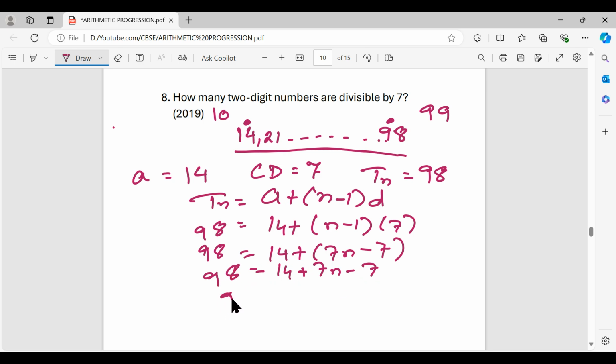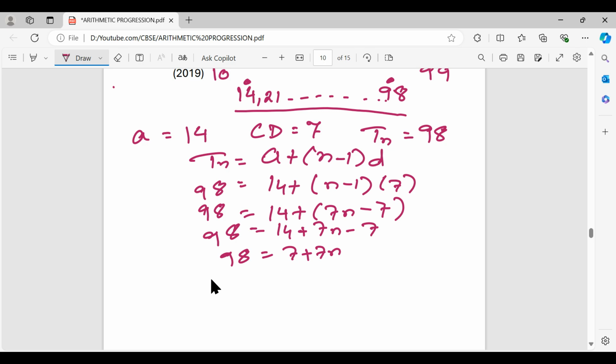So 98 equals 14 minus 7, which is 7, plus 7n. Bring it here: 98 minus 7 equals 7n. So this becomes 91 over 7, and that is n, which is 13. So 98 exists at the 13th place because 98 is the last number.